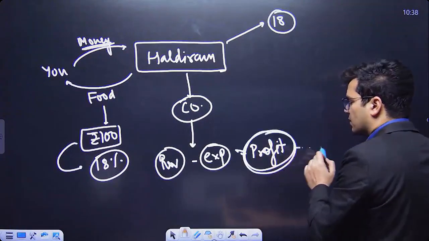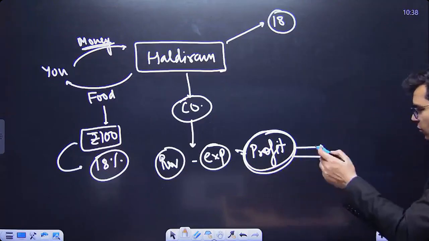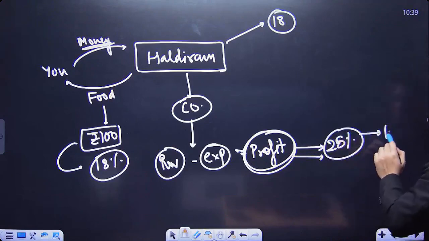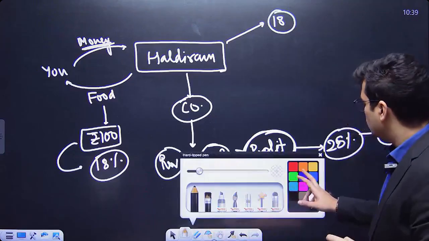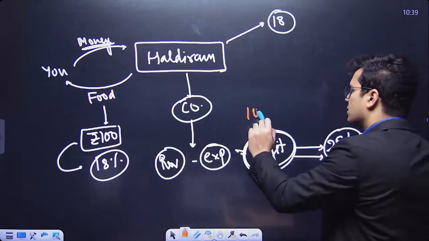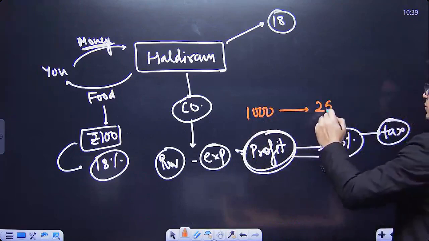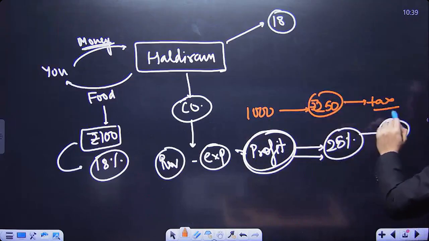From this profit, the government says whatever profit you make, 25% of this has to be deposited as tax. So let's say Haldiram has made a profit of 1000 rupees throughout the year. The government will say 25% of this, 250 rupees, has to be deposited as tax.